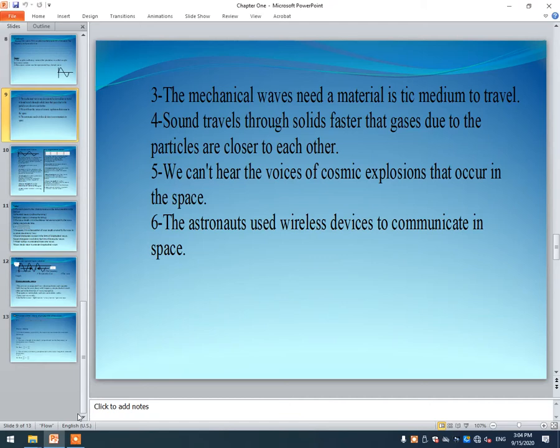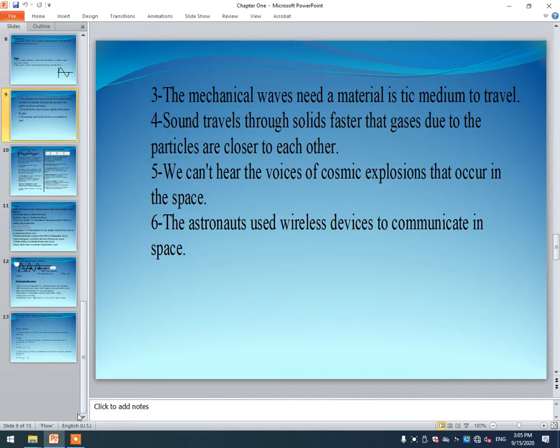Air has intermolecular spaces between its molecules. These intermolecular spaces are very large, so the attraction force between its molecules is very weak. So the spreading of sound in air is due to the molecules carrying the energy. So the energy jumps from molecule to molecule.